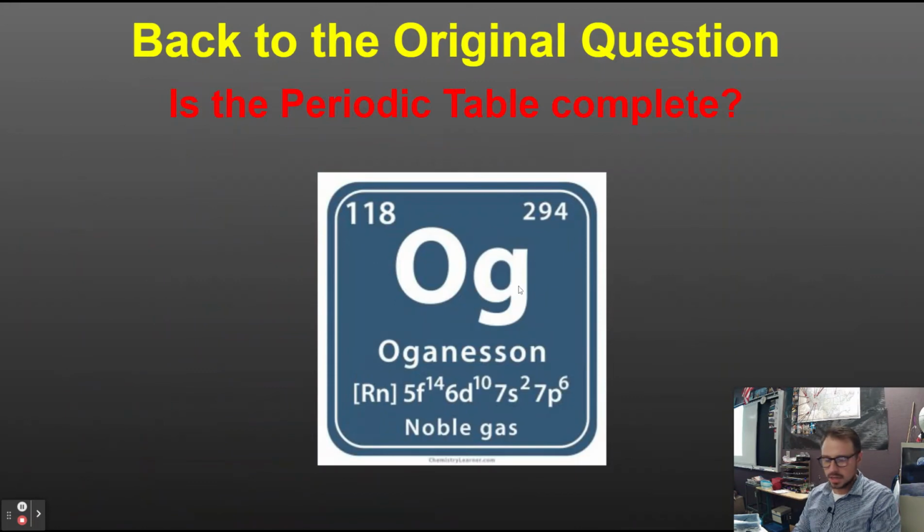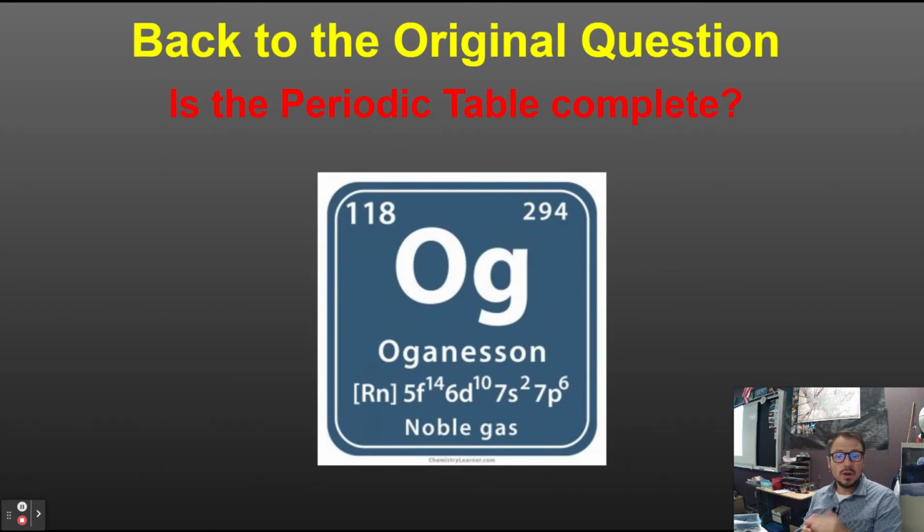All right, so the question is, is the periodic table complete? You might have seen on some periodic tables there are some blank spots or placeholders at the very bottom, but it does end at 118. So yes, we did complete the 7th row. That sort of limits the amount of electrons it can hold.